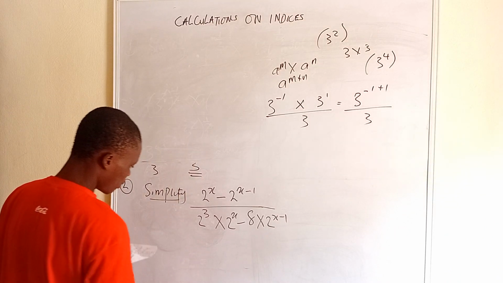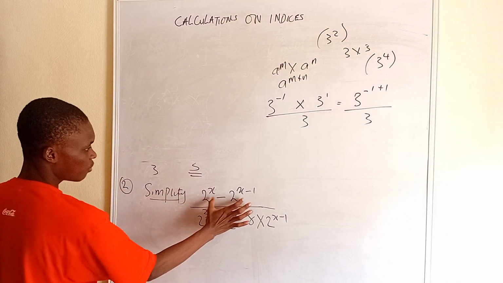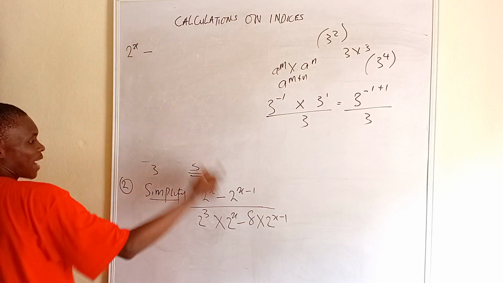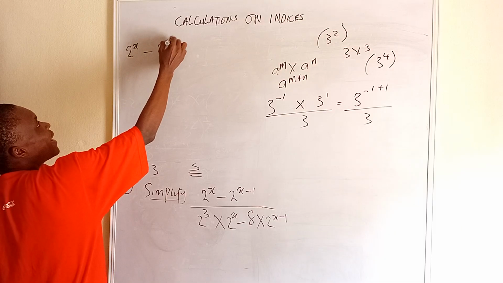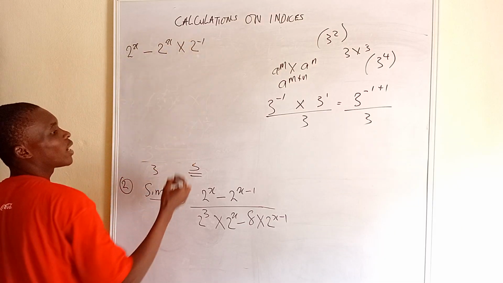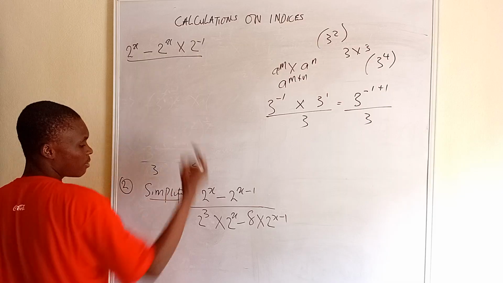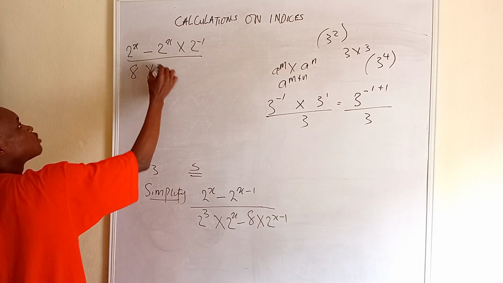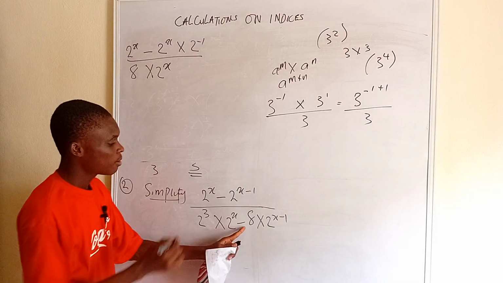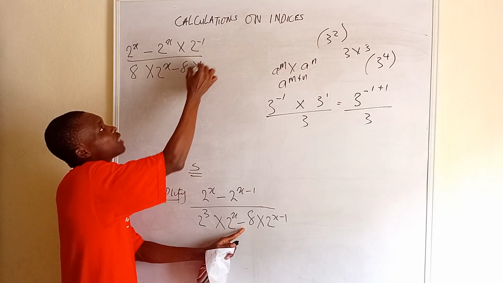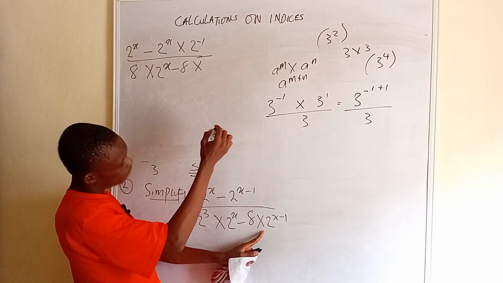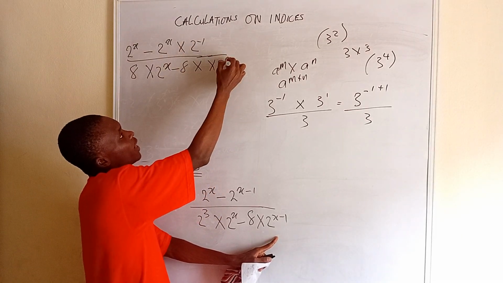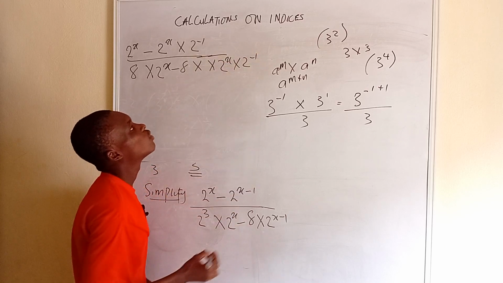To simplify this problem, we'll expand this first by saying 2 to power x minus 2 to power x times 2 to power negative 1, all divided by, from here, we know that 2 to power 3 is 8, times 2 to power x, minus 8 times, let's expand it also, 2 to power x times 2 to power negative 1.